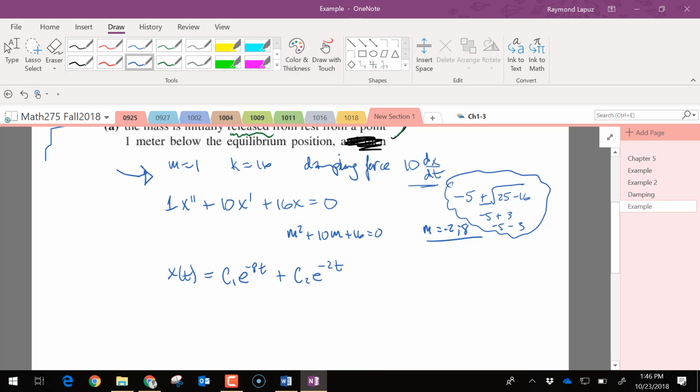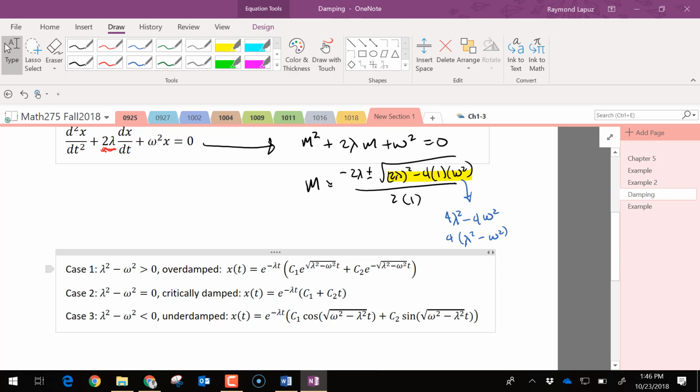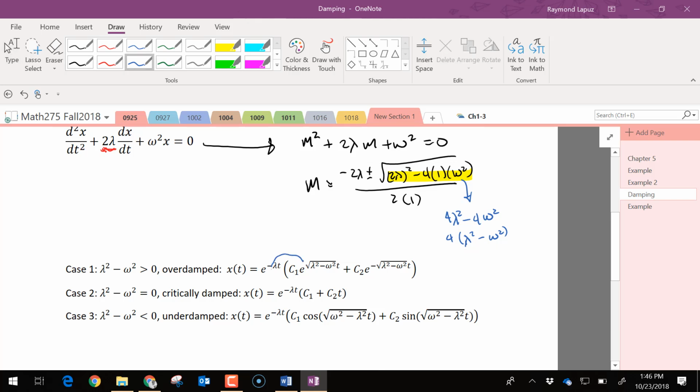So you see this the same? Yeah, so this thing needs to get distributed. So you get C1 e to the minus lambda plus square root of lambda squared minus omega squared, and then C2 e to the minus lambda minus square root of lambda squared minus omega squared.